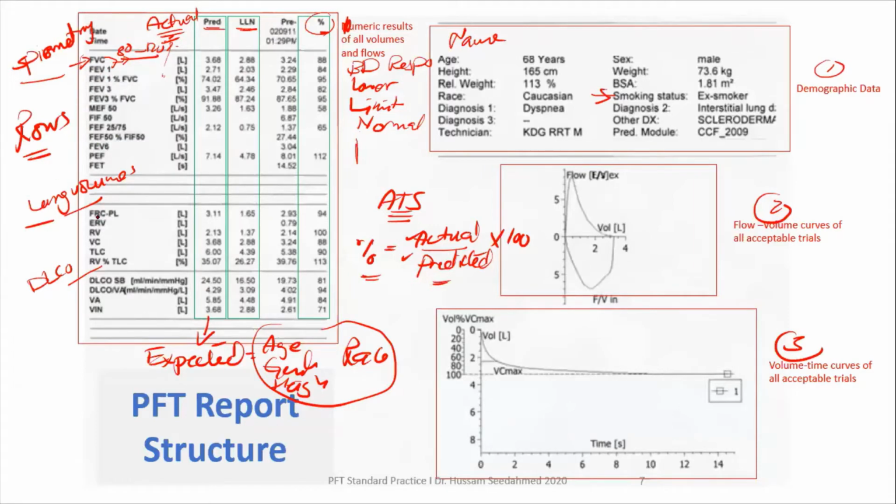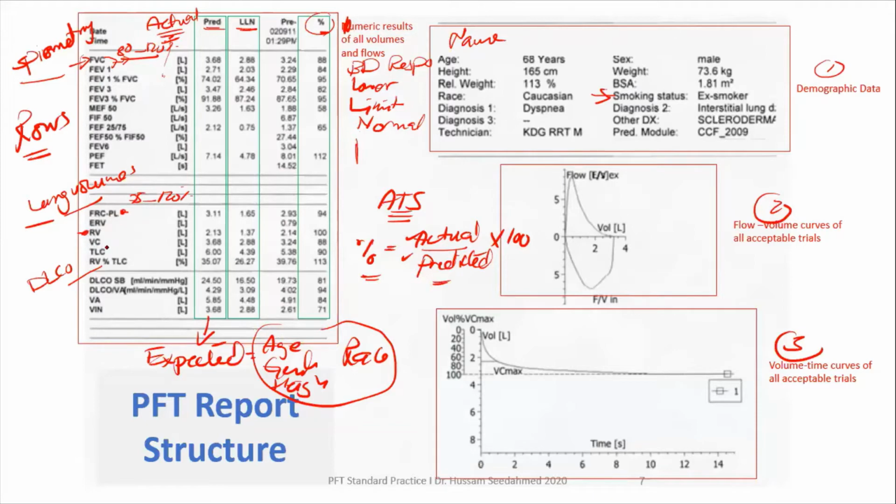For the lung volumes, the residual volume and the FRC, both are from 75 to 120% predicted. The residual volume and FRC, the normal range of the percent predicted is from 75 to 120%.